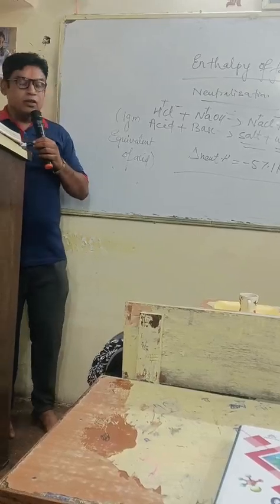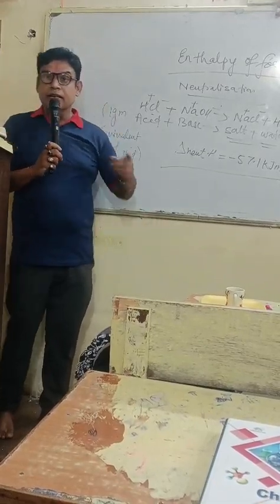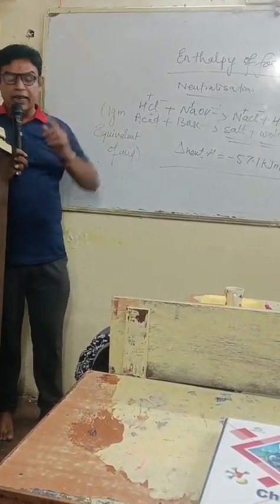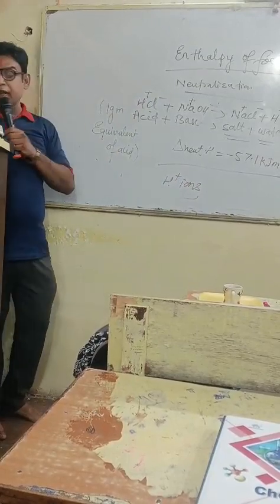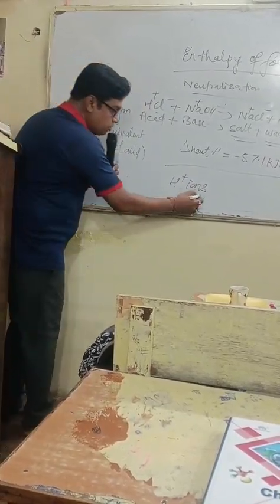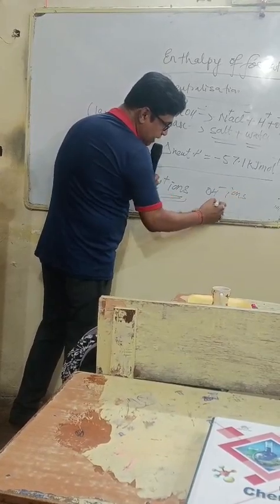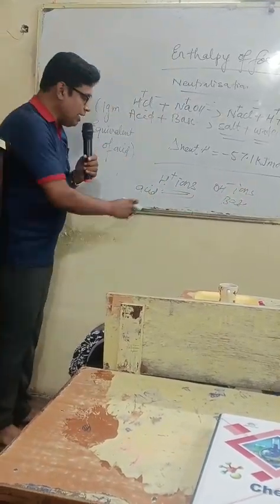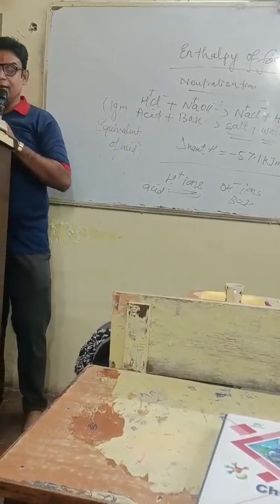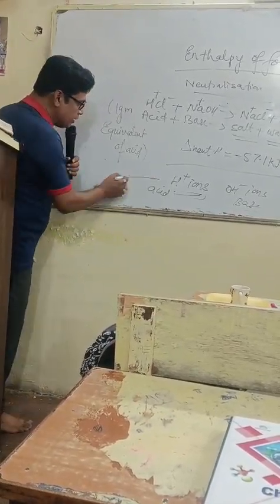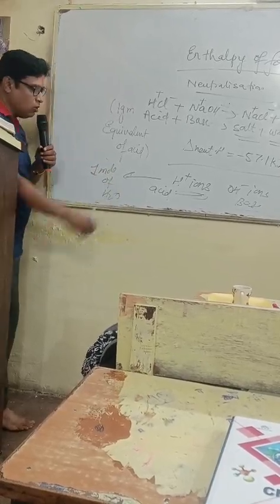There is one more definition of enthalpy of neutralization. It is the heat evolved for the reaction between H positive ions, which the acid gives, and OH negative ions, which the base gives. So it is the heat evolved when an acid releases H positive ion and a base releases OH negative ion, and both combine to form 1 mole of water, H2O.